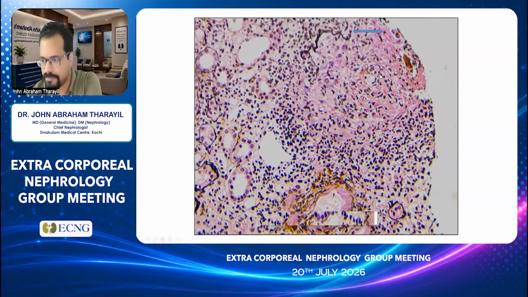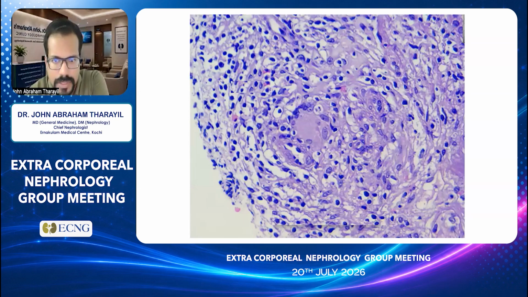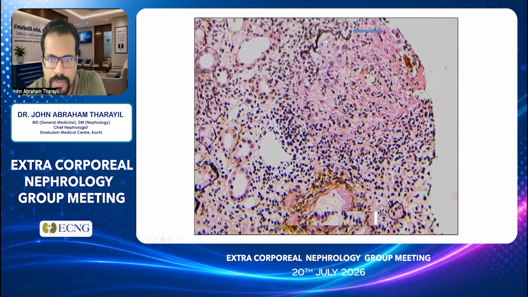In the silver stain, again, you can see the crescents with the underlying tuft, and there is a remnant of Bowman's capsule, and the remaining Bowman's capsule is destroyed by the crescent.